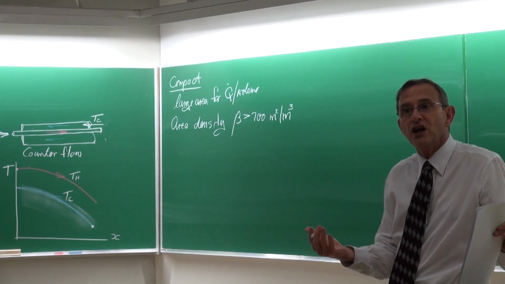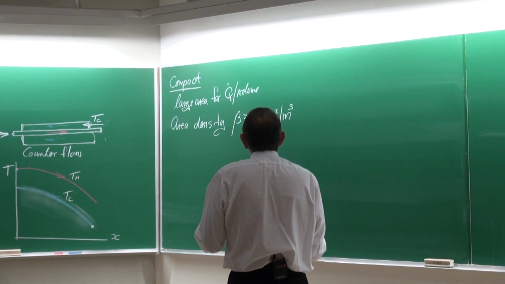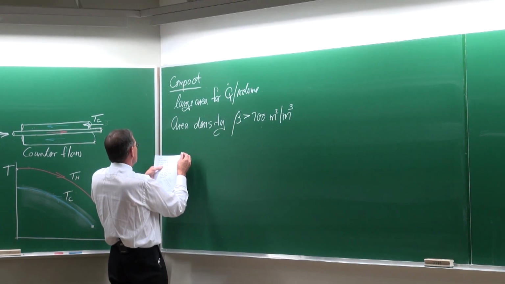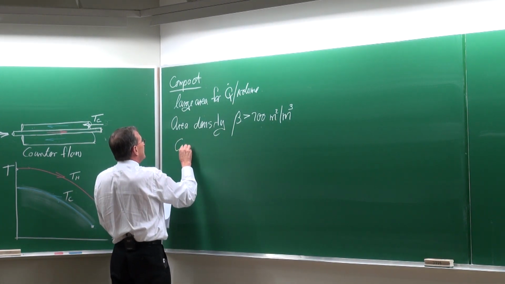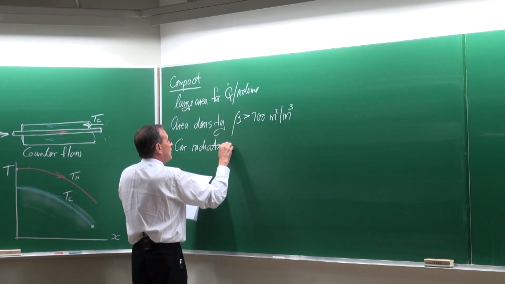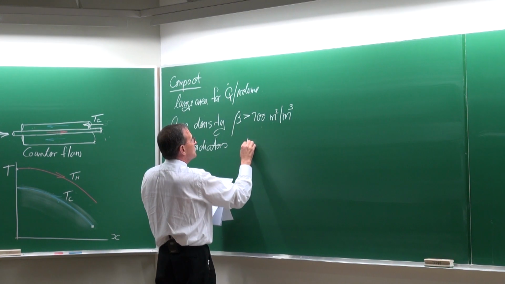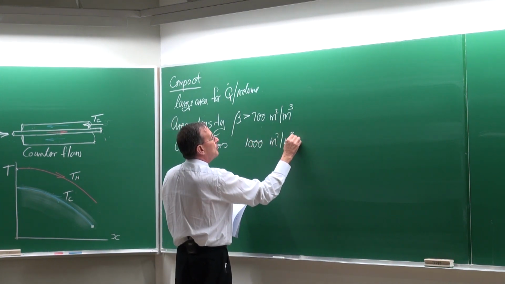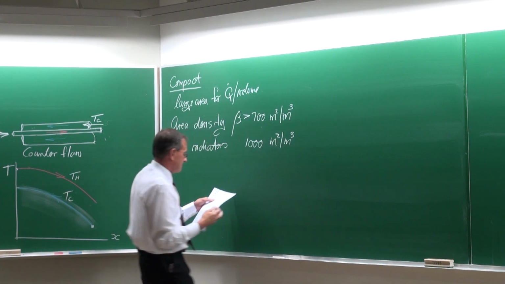So you can see it's very compact. Typical examples of compact heat exchangers are a car radiator. They are in the order of approximately 1,000 square meters per cubic meter.